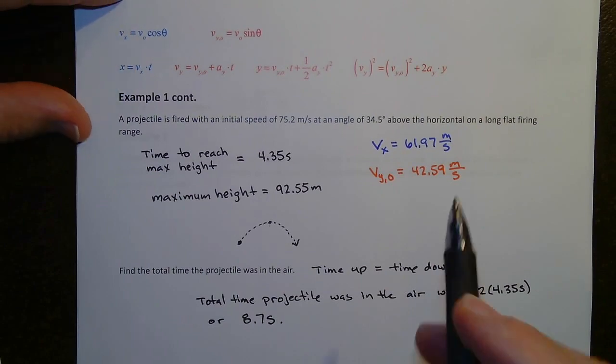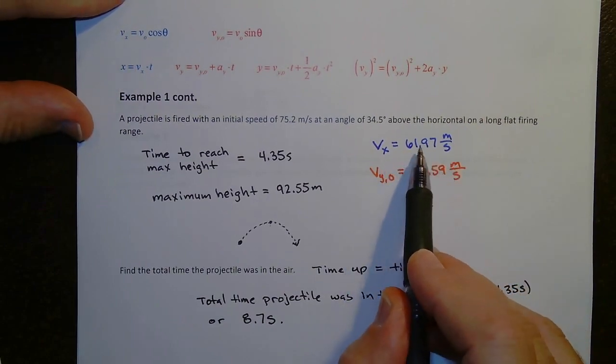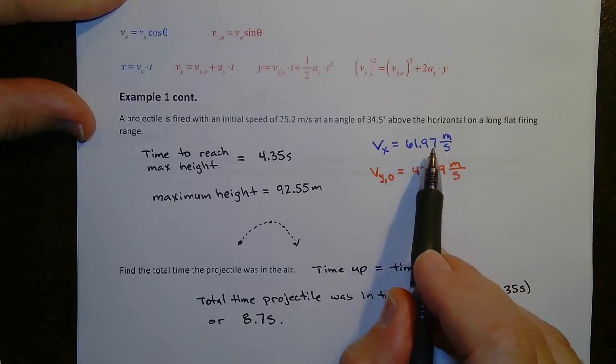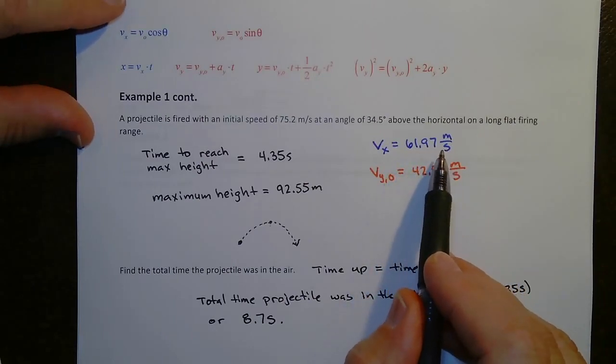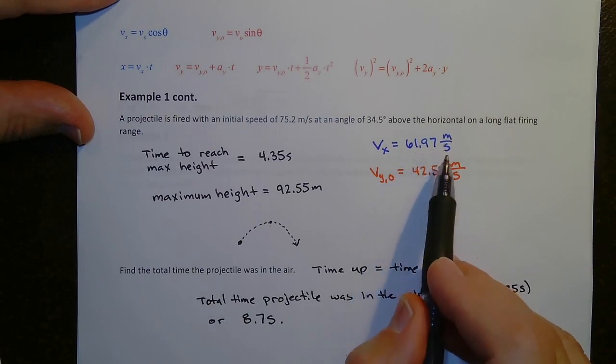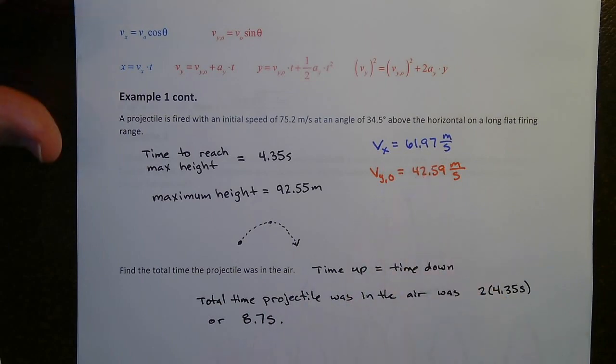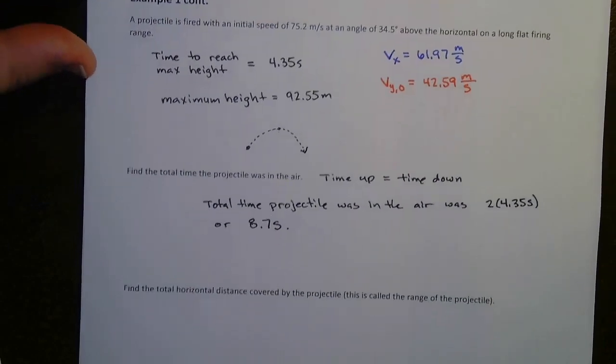We know the original horizontal velocity was 61.97 meters per second, for 8.7 seconds.